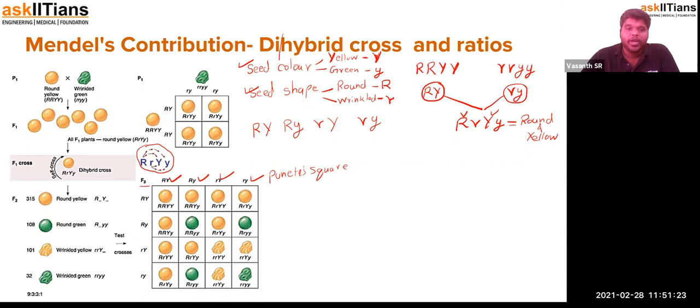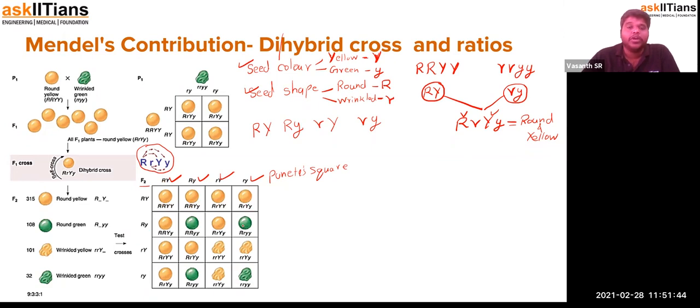By crossing, the gametes found in the column and the row are written united: capital R capital R, capital Y capital Y; capital R capital R, capital Y small y; capital R small r, capital Y capital Y; capital R small r, capital Y small y.